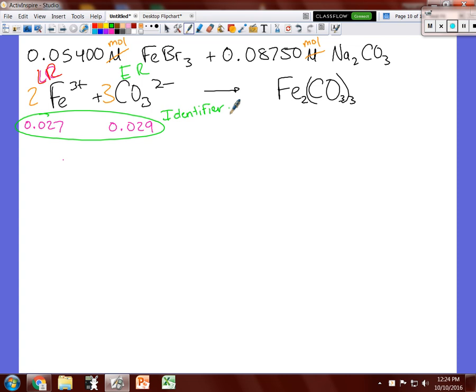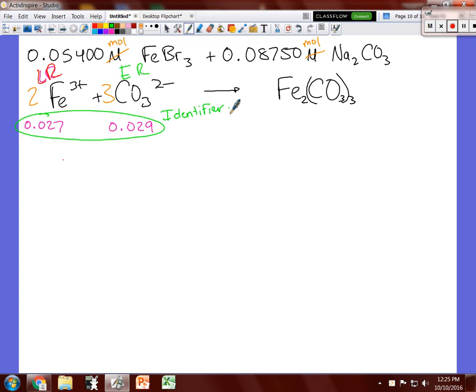What we did, we started with the initial given up there in black. We said assume it's in 1 liter. Okay. So what we did is we did volume times molarity, which is the number of moles, right? Since it was assumed that it was 1 liter, these molarities just turned into our number of moles. Okay.